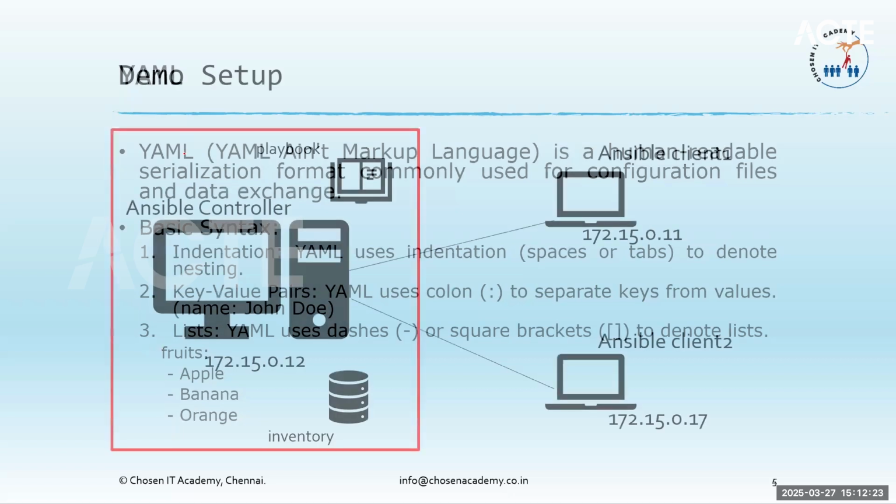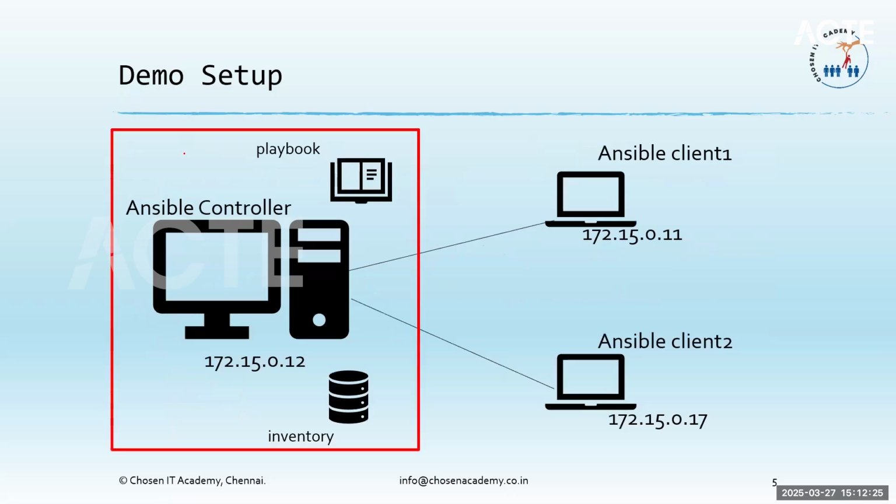Okay, so I'm moving on to the demo setup. The demo setup has three systems here. One is the main system where the Ansible controller is going to run, which is running on 172.15.0.12. This is the one where the Ansible controller is going to run, and it'll have the inventory of the clients and their IP addresses.